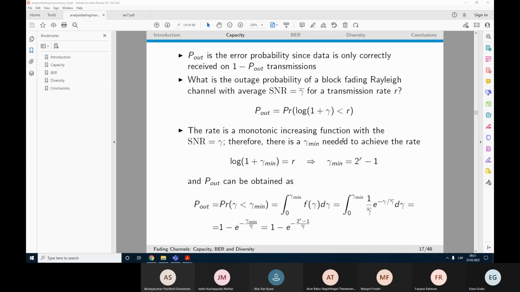So, yes, as we said, therefore, there is the probability of the outage. Yes, the probability of the error.